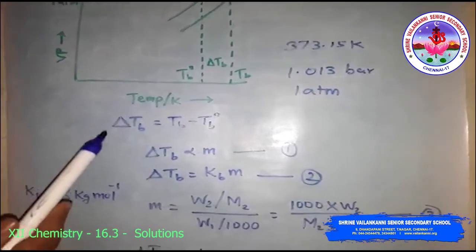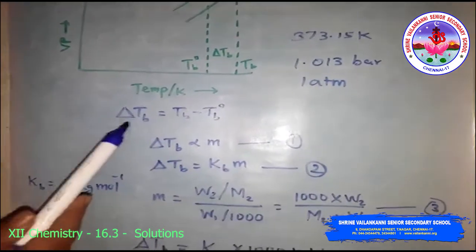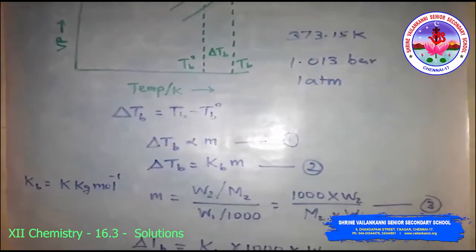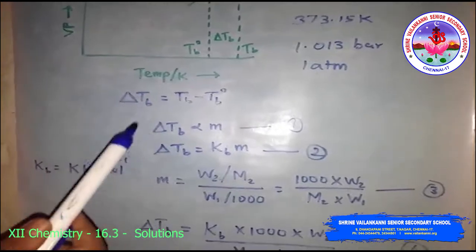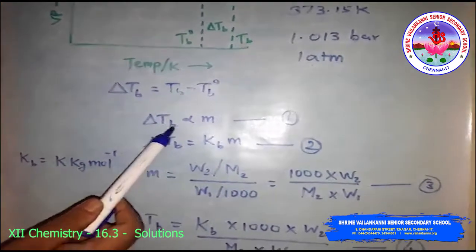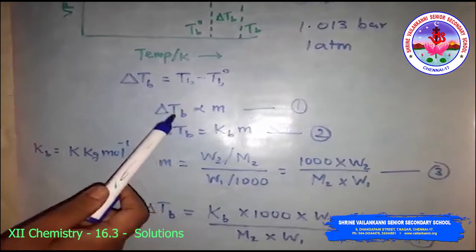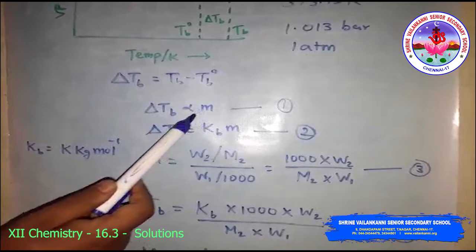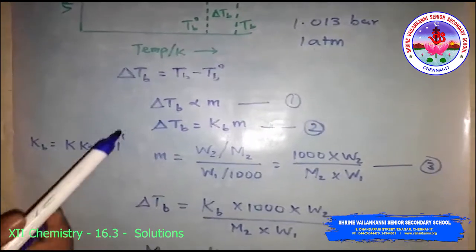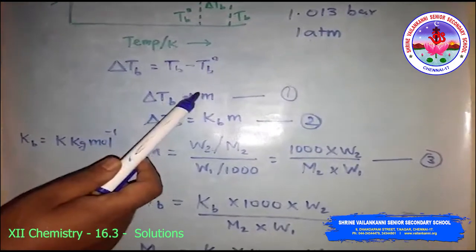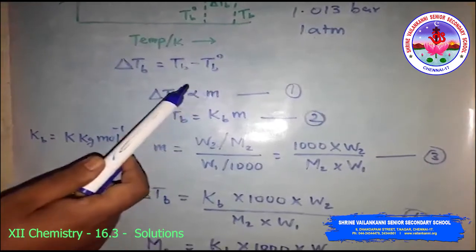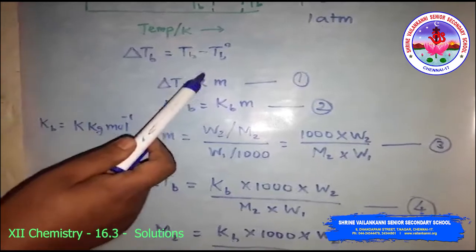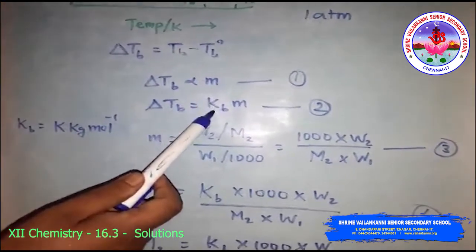Experiments have shown that for dilute solutions, the elevation of the boiling point is directly proportional to the molal concentration of the solute in a solution. So delta Tb is directly proportional to m. Here m is the molality, the number of moles of the solute dissolved in 1 kilogram of solvent, and the proportionality constant is Kb.